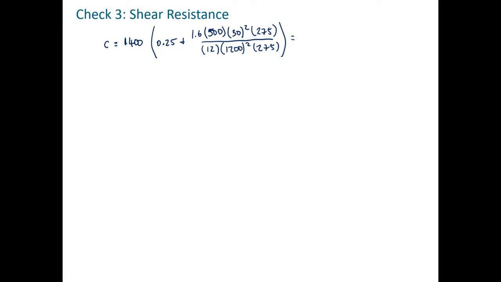So when we work that out, that should give us 408 millimeters. Okay, so that's the value of c.